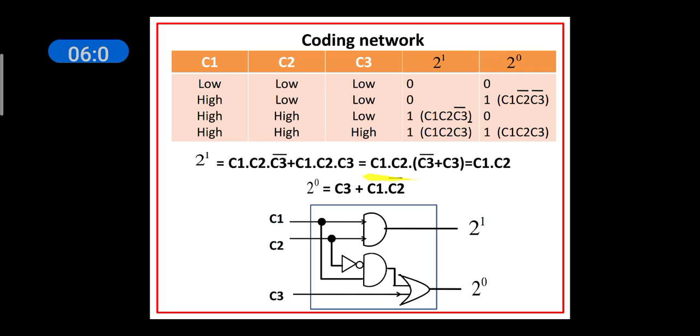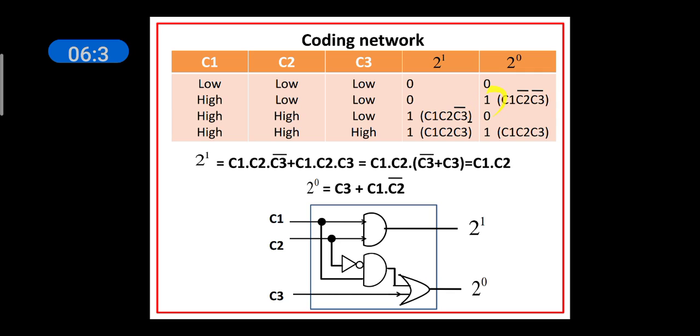This expression for 2 power 0 can be written by looking into the truth table. In the truth table, the 2 power 0 is high for the state which corresponds to C3 of these input values. So it can be written as C3 plus, you have another one high state.